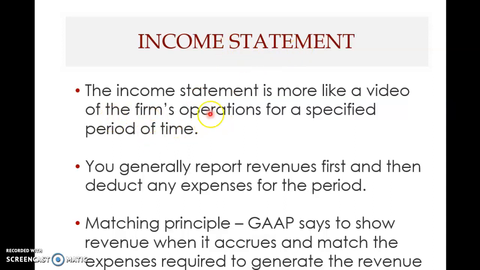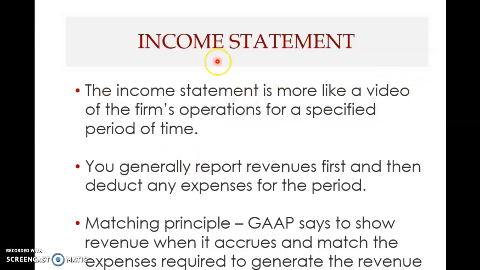The keyword is performance: the firm's operations or performance over a period of time. The balance sheet, on the other hand, gives you a snapshot of the financial position, not performance but position. The balance sheet gives you the position, the income statement gives you the performance. So these are two different perspectives, and you need to know the difference. The keywords tell you the difference between the income statement and the balance sheet.